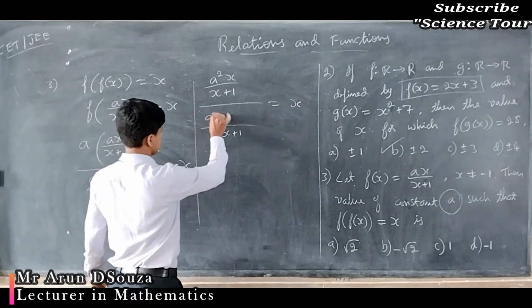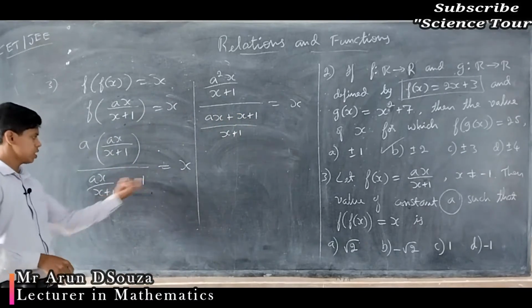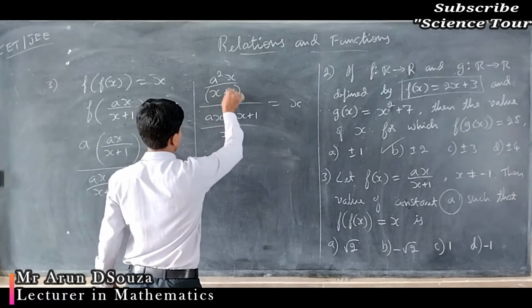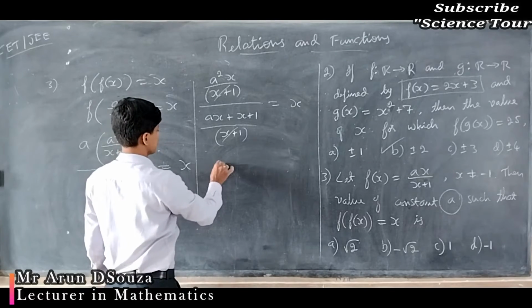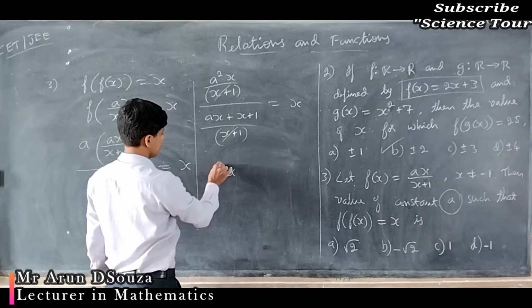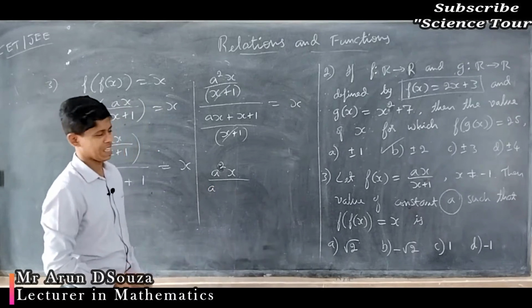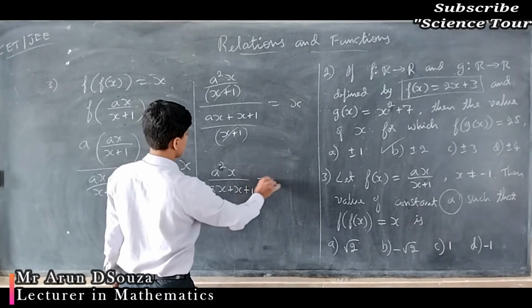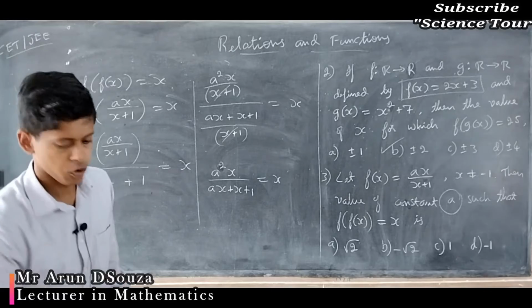So this is ax plus 1 into x plus 1, 1 into x plus 1, that is x plus 1 itself. Now cancel this denominator, so that will be a square x divided by ax plus x plus 1, which is equal to x. Now cross multiply, you will get the value of a.